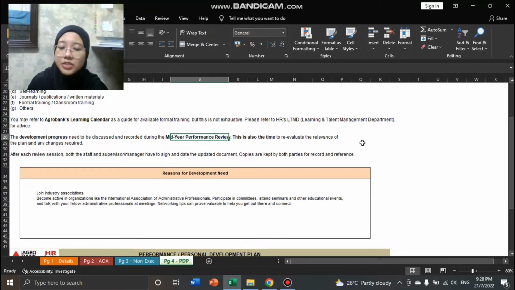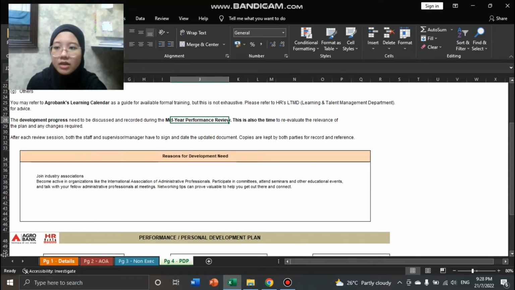This is also the time to re-evaluate the relevance of the plan and any changes required. After each review session, both the staff and supervisor or manager have to sign and date the updated document. Copies are kept by both parties for record and reference.